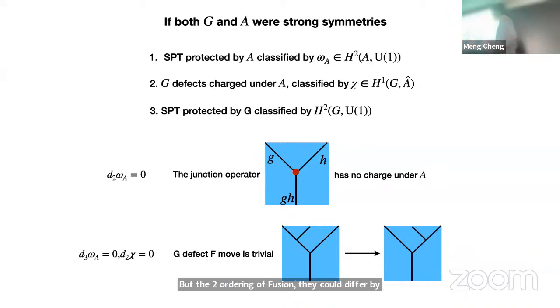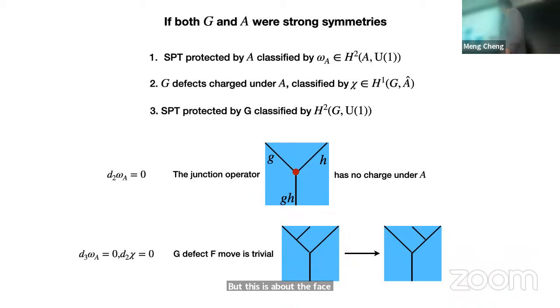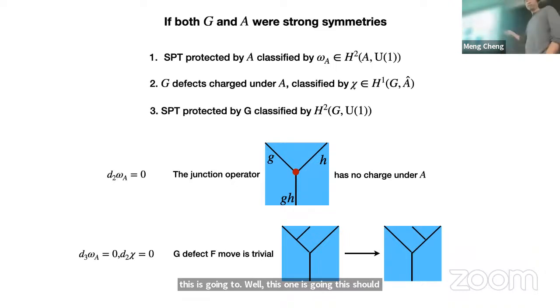If that phase factor is somewhat non-trivial in some appropriate definition, then this is also not consistent. Okay. But this is about phase factor. So you can imagine this one should be gone once we consider mixed state, because the G defects are just a classical mixture. There's no information about phase factors.